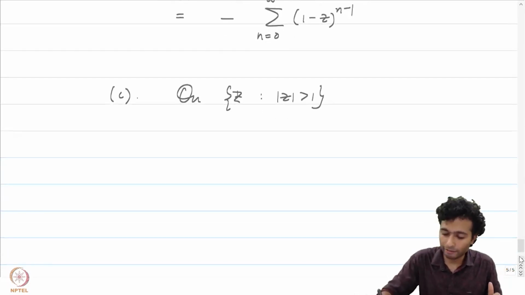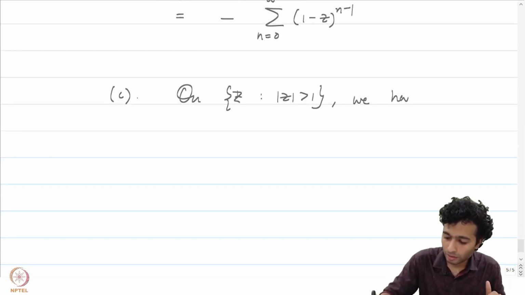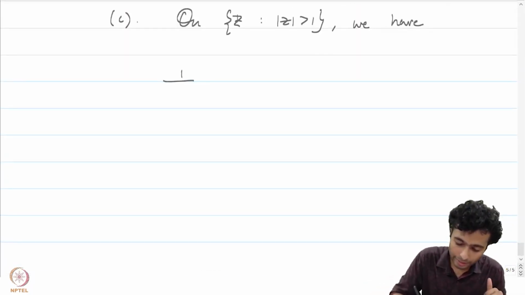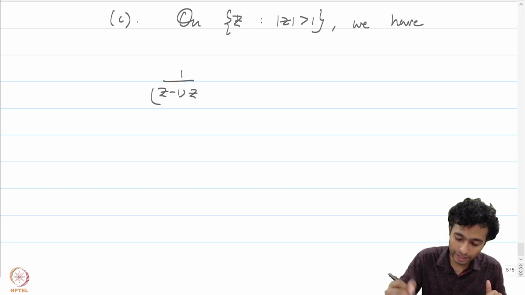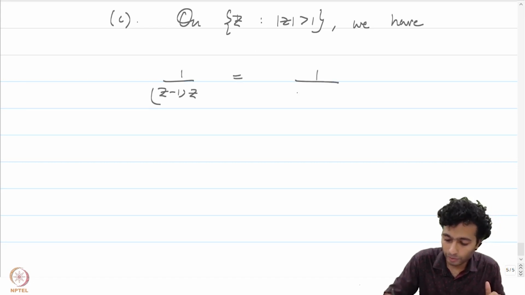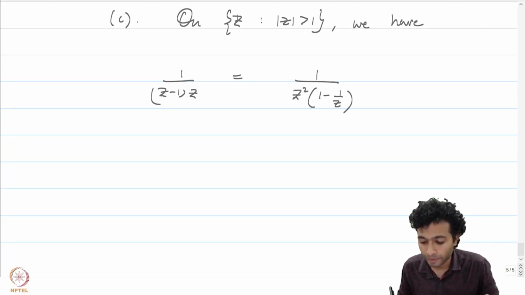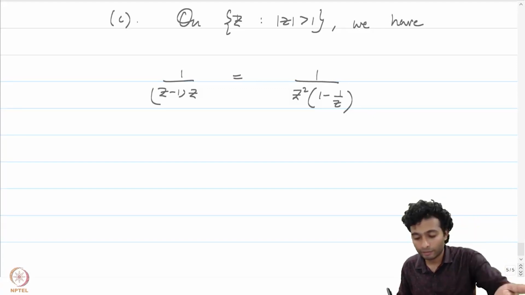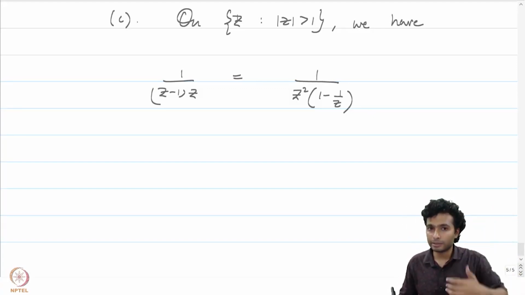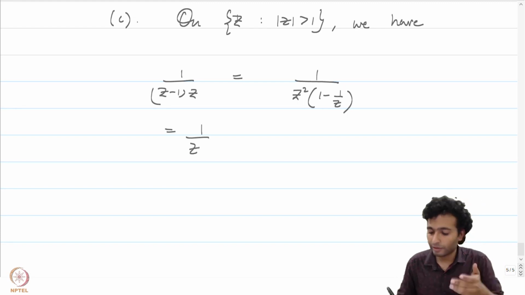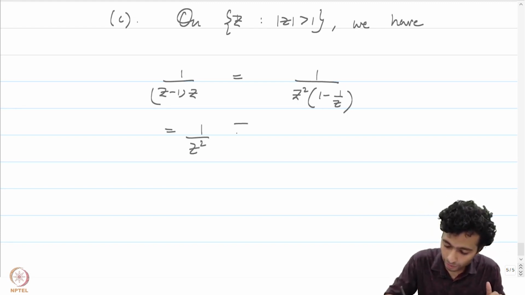What do we have? We have 1 by z minus 1 times z. This is just going to be equal to 1 by z squared times 1 minus 1 by z. This is exactly what our series is going to behave like. Now mod z greater than 1 implies that 1 by z has absolute value less than 1. Therefore, I can write 1 by 1 minus 1 by z in the following power series.